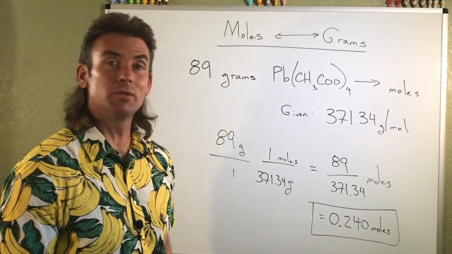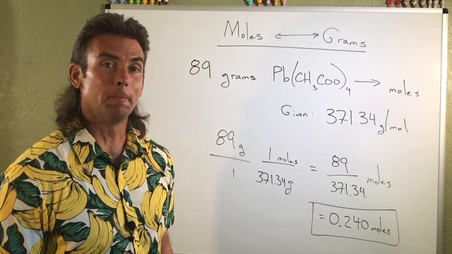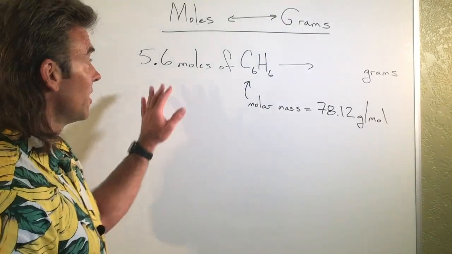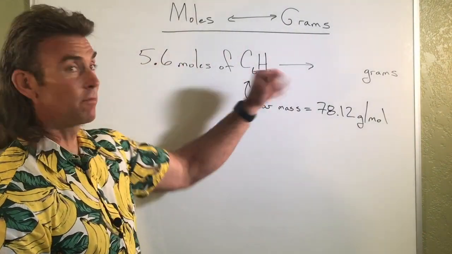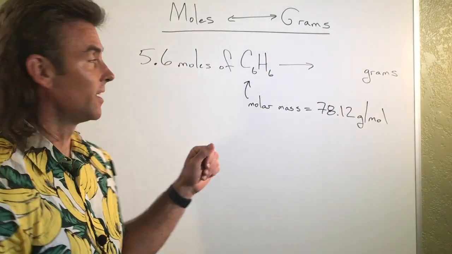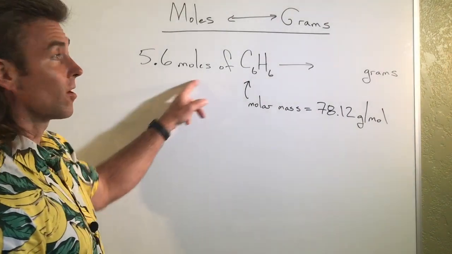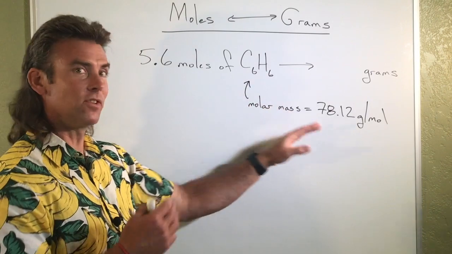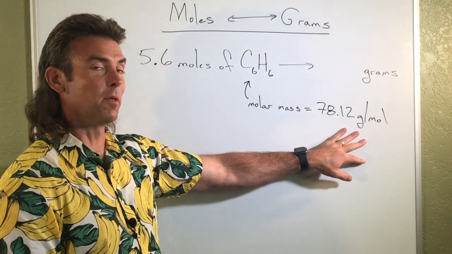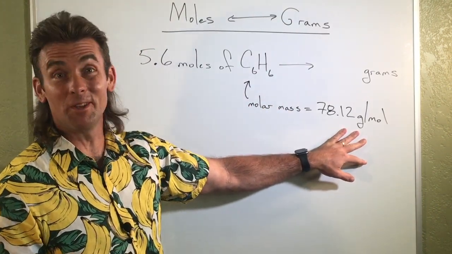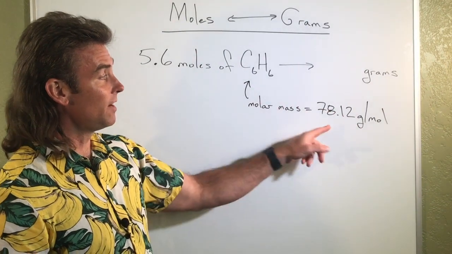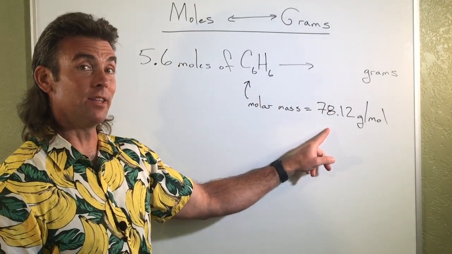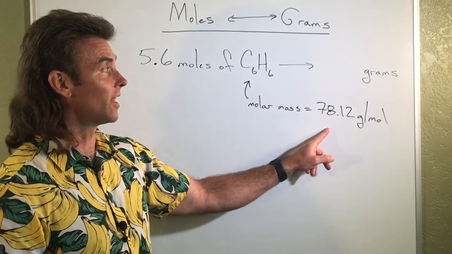All right, let's do some moles to grams conversions now. Here is our next kind of conversion that we have to be conversant in. In this case, we start off with the number of moles. It happens to be for this thing called benzene. Obviously, you would have to calculate the formula mass of this thing. I did it for you, hopefully even correctly. And if you have any questions as to how to calculate those, be sure to go back to the other lecture video.